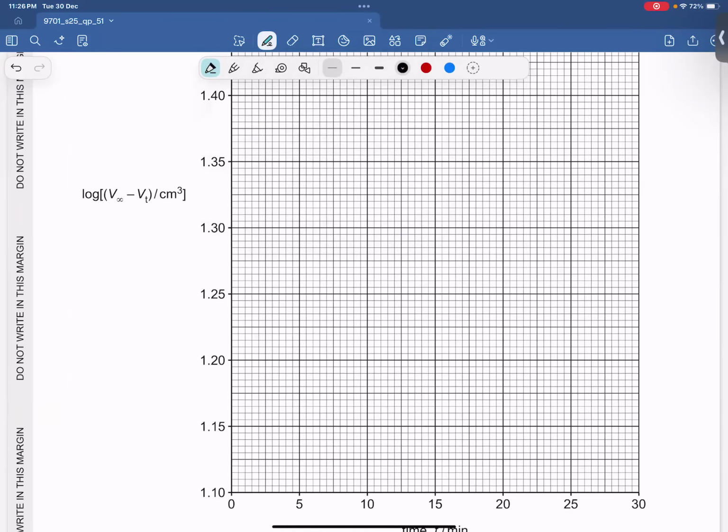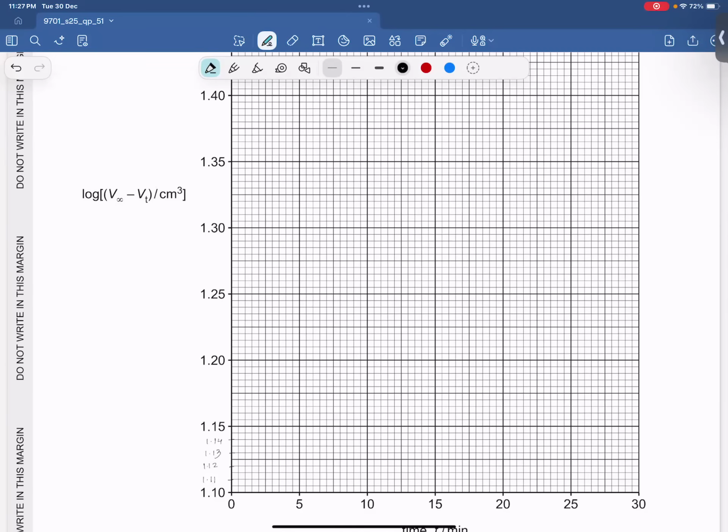Okay. This is 1.1, 1.10, this is 1.11, this is 1.12, this is 1.13, this is 1.14.